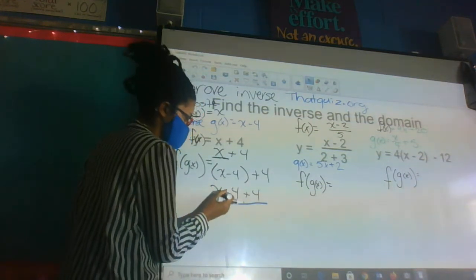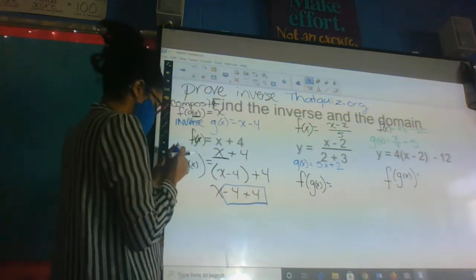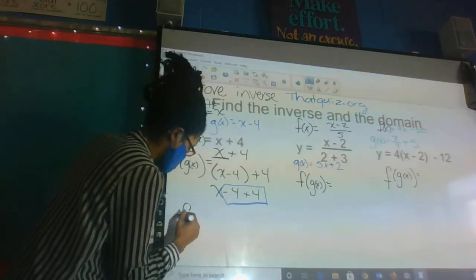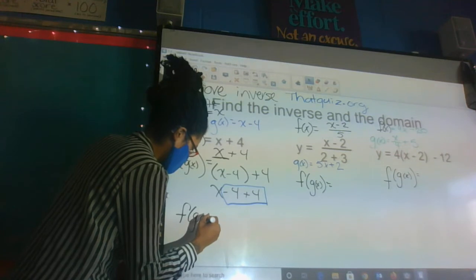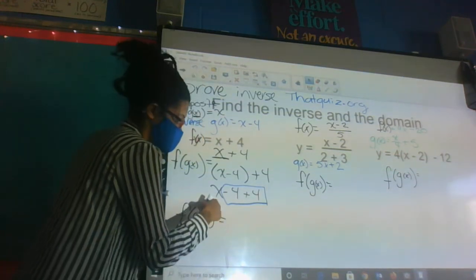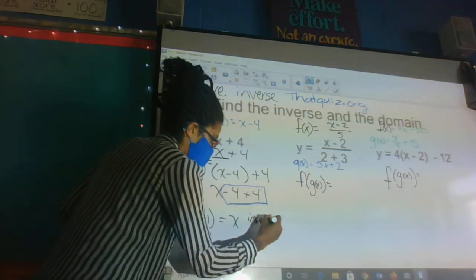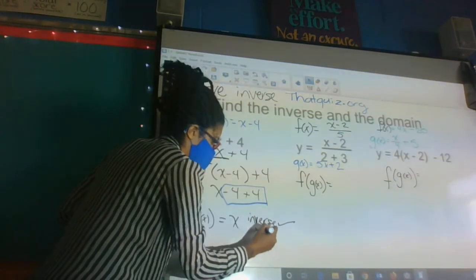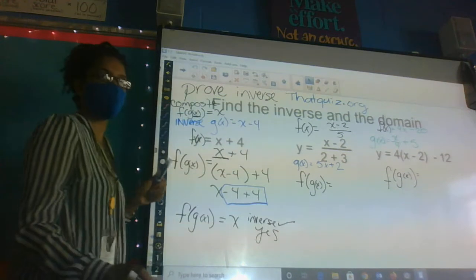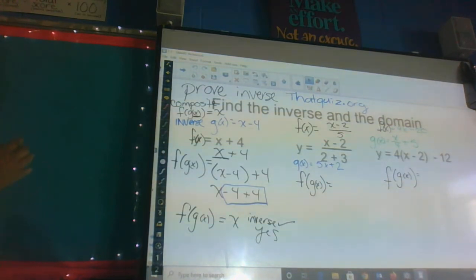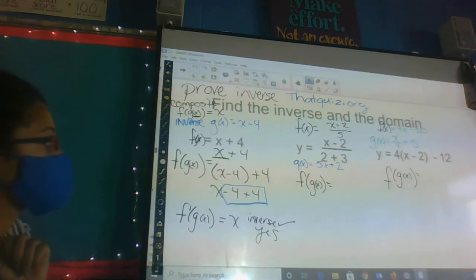I combine like terms. -4 plus 4 is 0. So my f of g of x, the only thing left is my x. So inverse proven. So the goal is you take the composite of the inverse, and you should always get back the input.